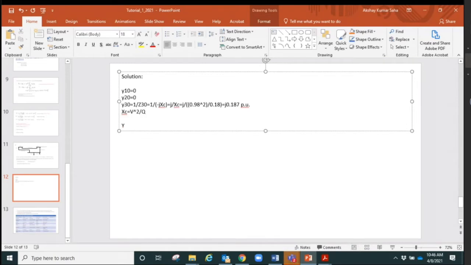So let's calculate y11 that we will need. So y11 is what? All the admittances that are coming there. So we calculate y10, which is 0, it's not there, y12 and y13.